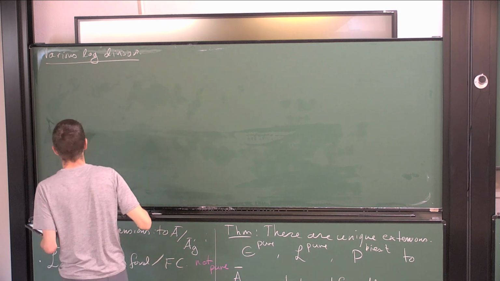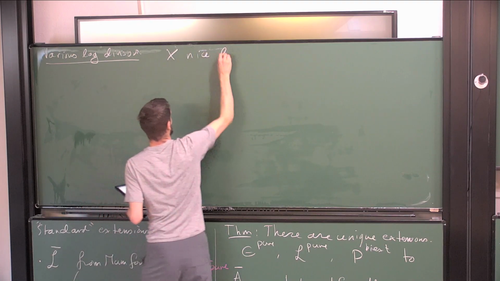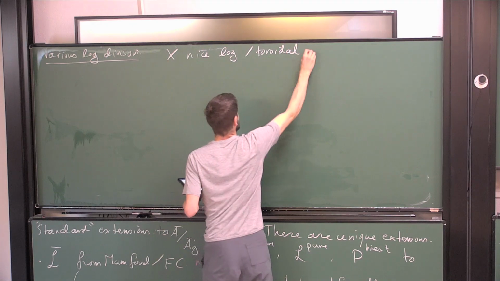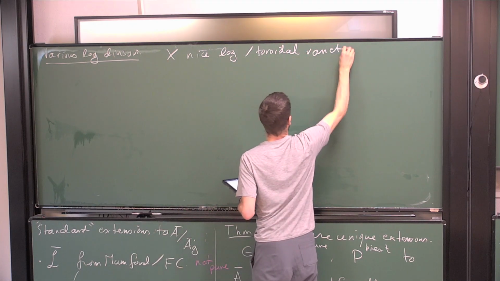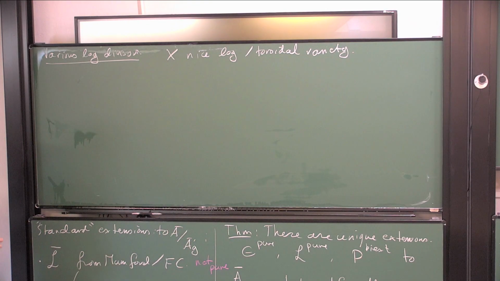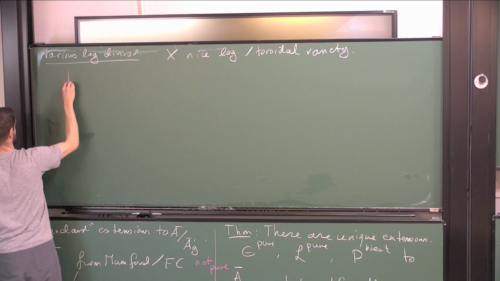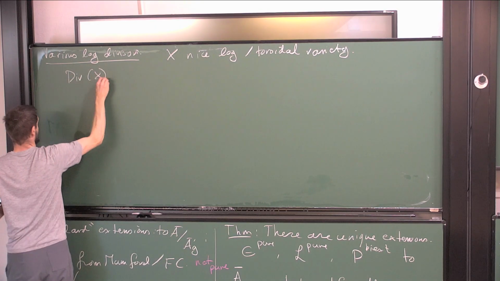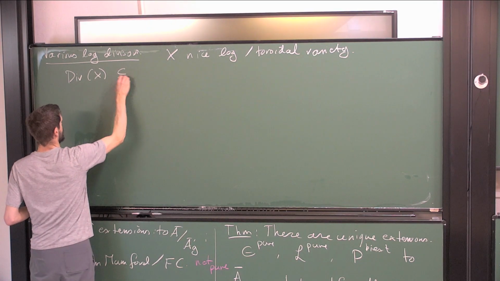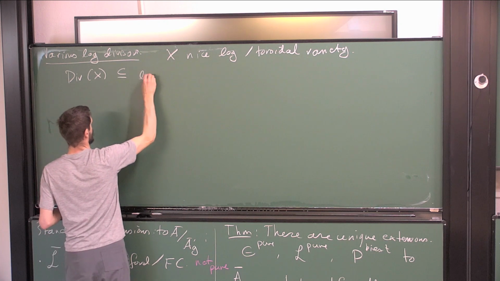Okay, so I've got some nice log or toroidal variety, toric variety, or whatever your favorite category is. And then there are various notions of divisors on this thing. So we can literally look at divisors on X. Or there's a bigger thing we can look at, which is log divisors on X.